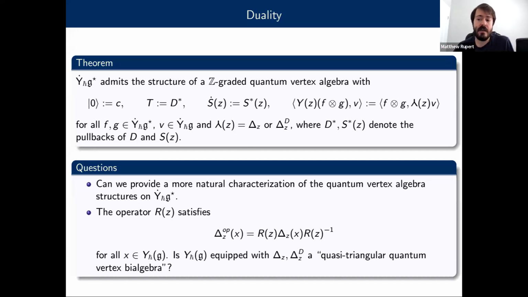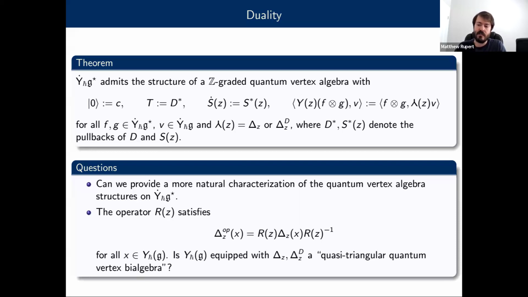The second thing is that in the work of Alexei Latintsev that I mentioned before, he talks a little bit about something called quasi-triangular quantum vertex bialgebras. These are natural generalizations of quasi-triangular Hopf algebras or quasi-triangular bialgebras, where you have an algebra with a quantum vertex coalgebra structure where the failure of your quantum vertex coalgebra structure to be co-commutative is controlled by an R matrix.